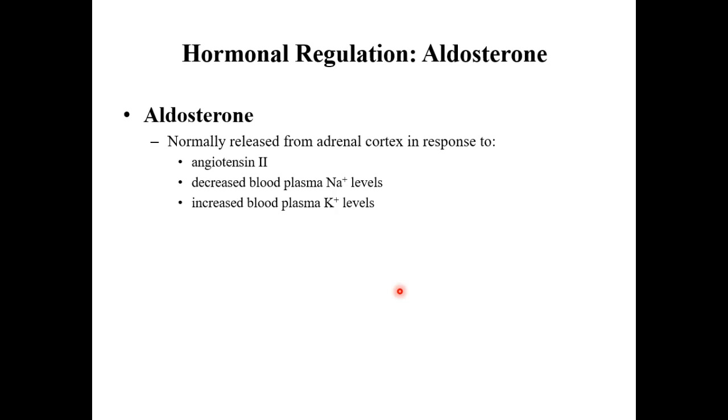So that's another great way to think about how we can increase our blood pressure and blood volume with the help of aldosterone. The key ions to think about with aldosterone are sodium and potassium, which it tweaks to maintain your blood volume and blood pressure.